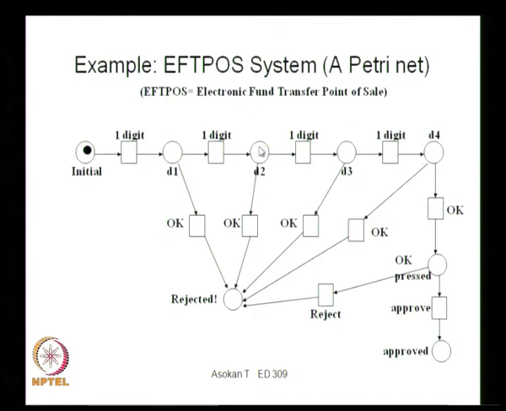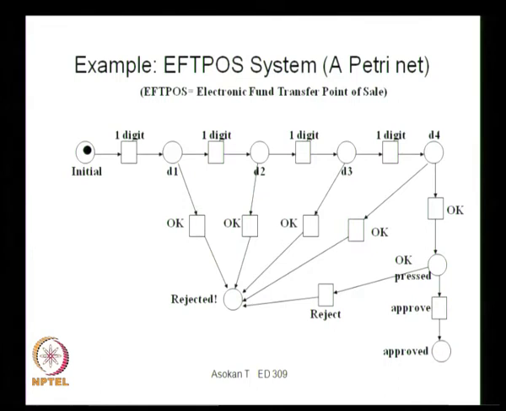But in between, suppose you give 1 digit, then there is something called an OK button. This OK button can be activated once you have a token over here. So this OK can be activated if you have a token at D1, but then it will get rejected because you have entered only 1 digit, so it will not work.